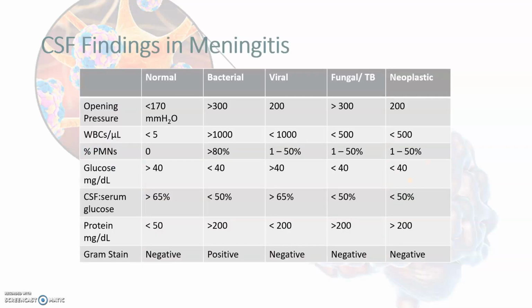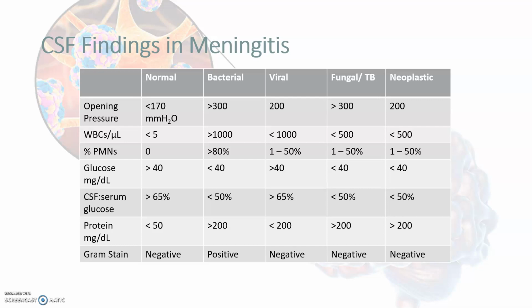So when we think about meningitis in general, we have to differentiate between bacterial, viral, fungal, and neoplastic causes of meningitis. And the cell count, opening pressure, blood glucose, and protein levels can be very useful in making this determination.